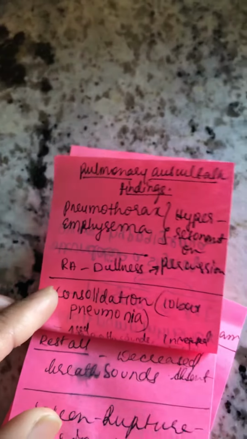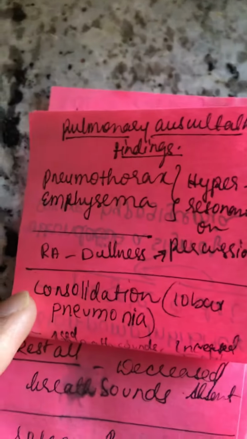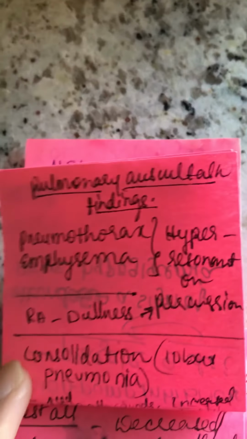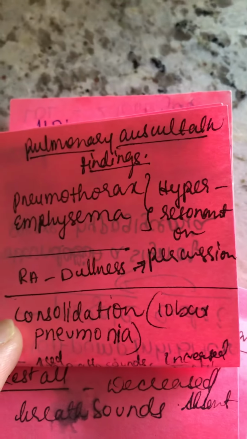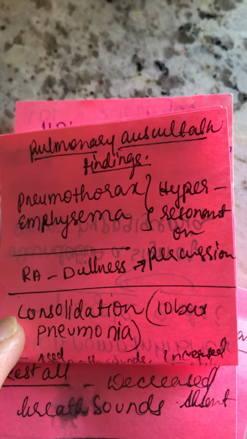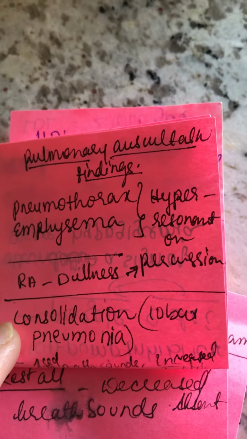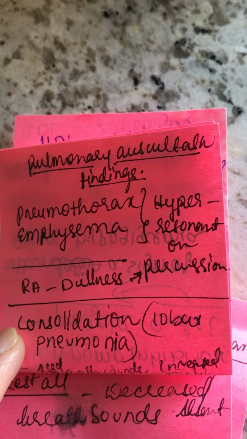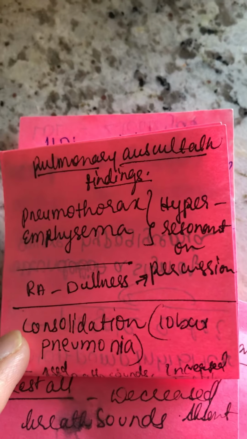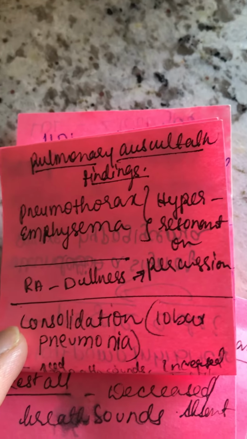And these are the pulmonary auscultation findings. On percussion, we can see hyperresonance in two conditions, that is pneumothorax and emphysema.